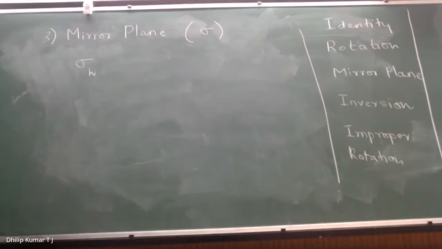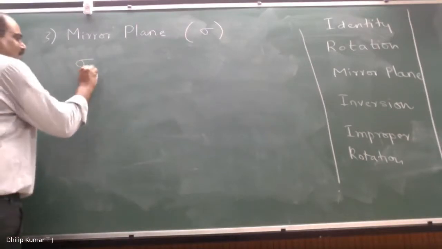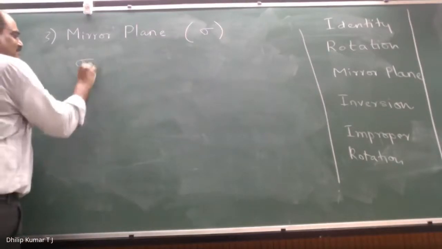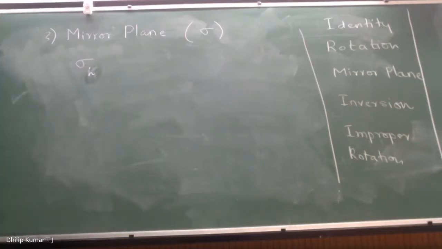Anyway, fine. Let's go to sigma h. The h stands for horizontal. If the plane is perpendicular to the principal axis, it is given by the symbol sigma h.